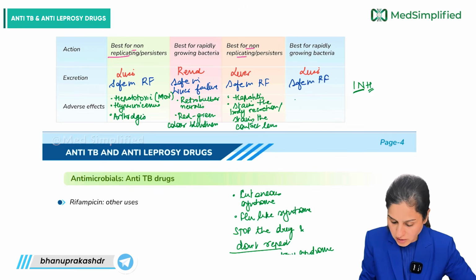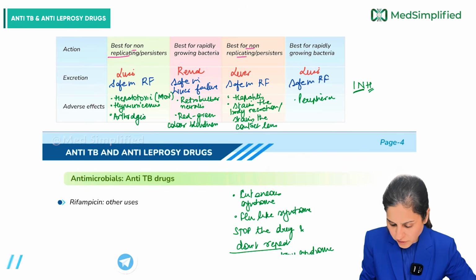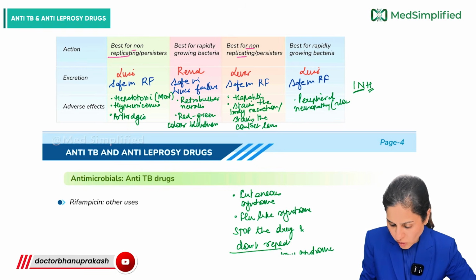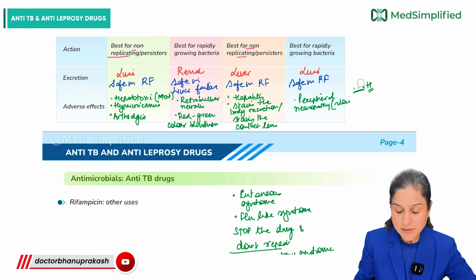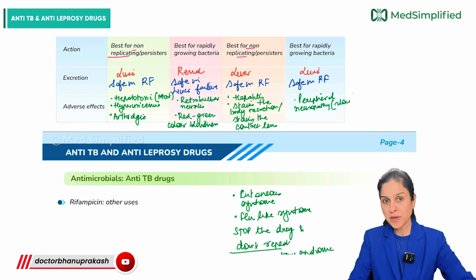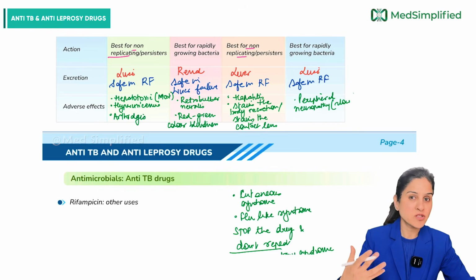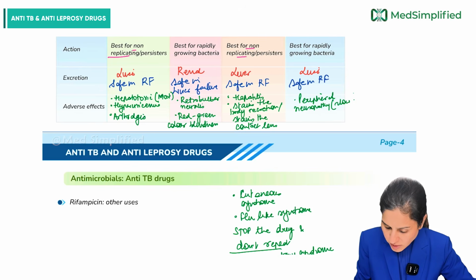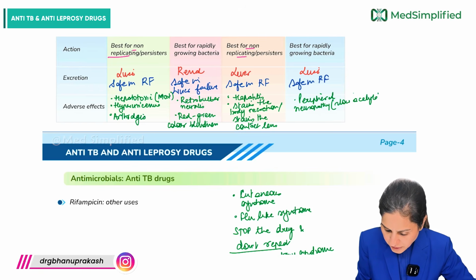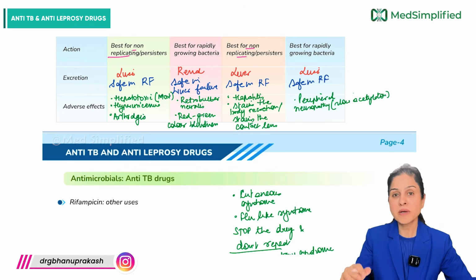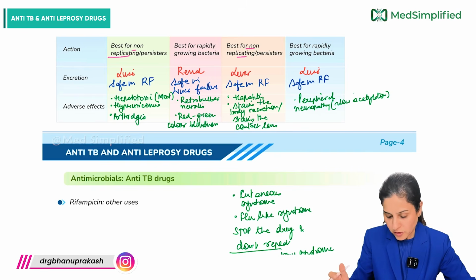The first one is peripheral neuropathy, and this is mostly in slow acetylators. You know that INH gets metabolized by acetylation. So we have slow acetylators and fast acetylators, the ones who metabolize slowly and faster. In slow acetylators, the prominent adverse effect is peripheral neuropathy.